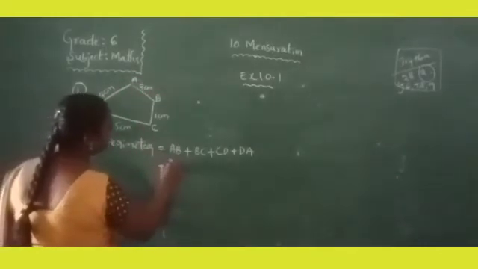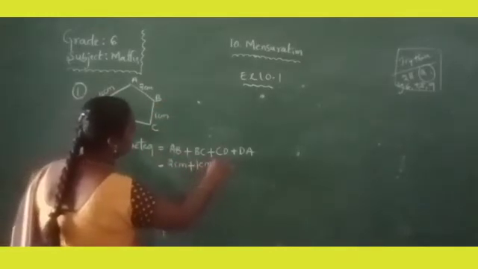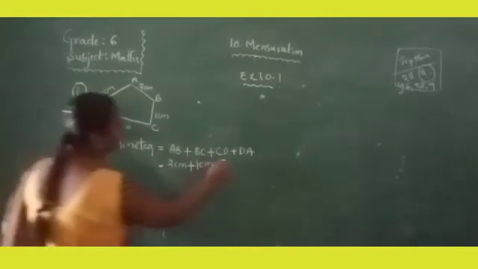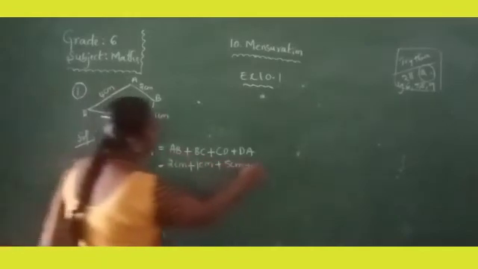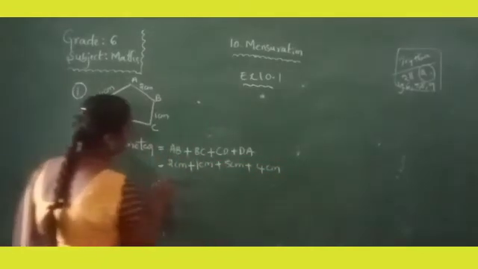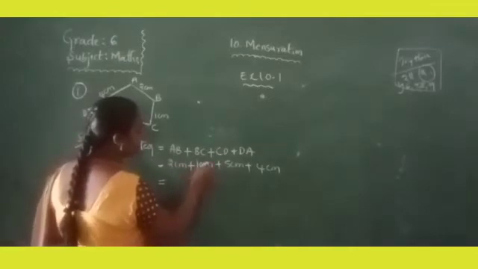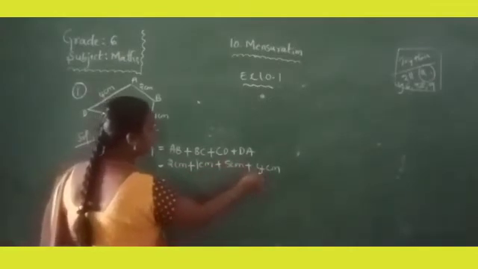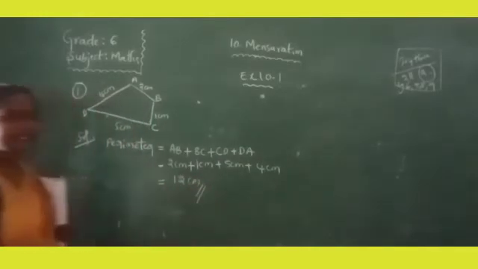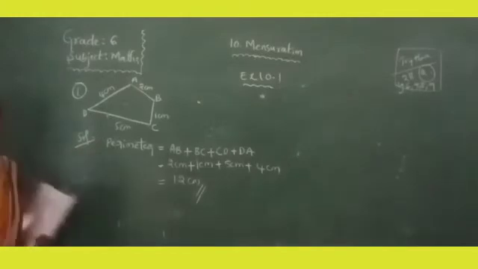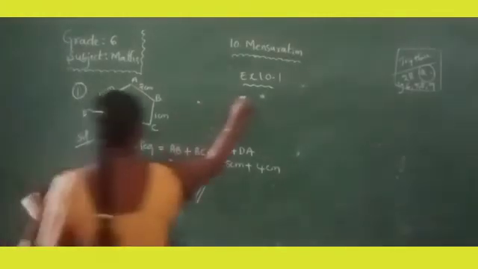Length of AB is 2 centimeters, length of BC is 1 centimeter, length of CD is 5 centimeters and length of DA is 4 centimeters. Now add all the lengths. 2 plus 1, 3; 3 plus 5, 8; 8 plus 4, 12 centimeters. What is the perimeter of this figure? 12 centimeters. Similarly, see the second problem.